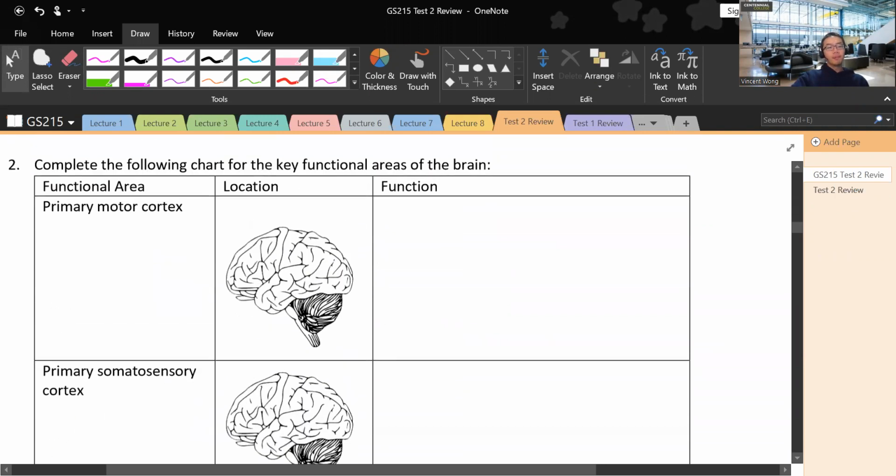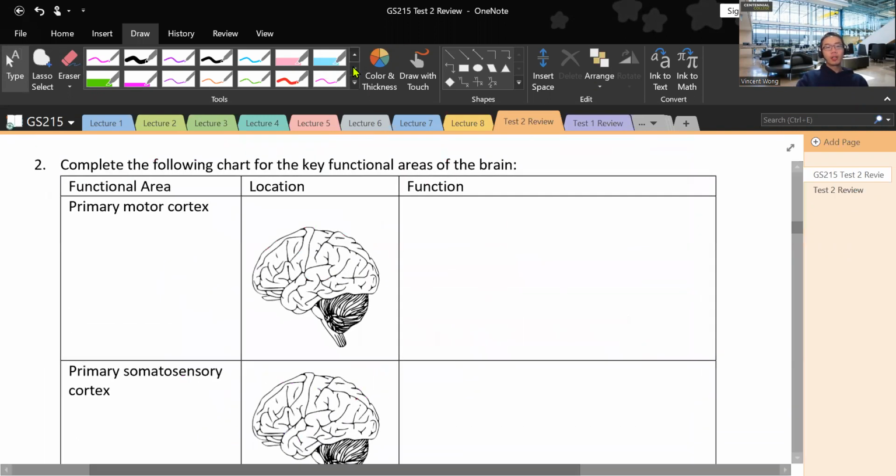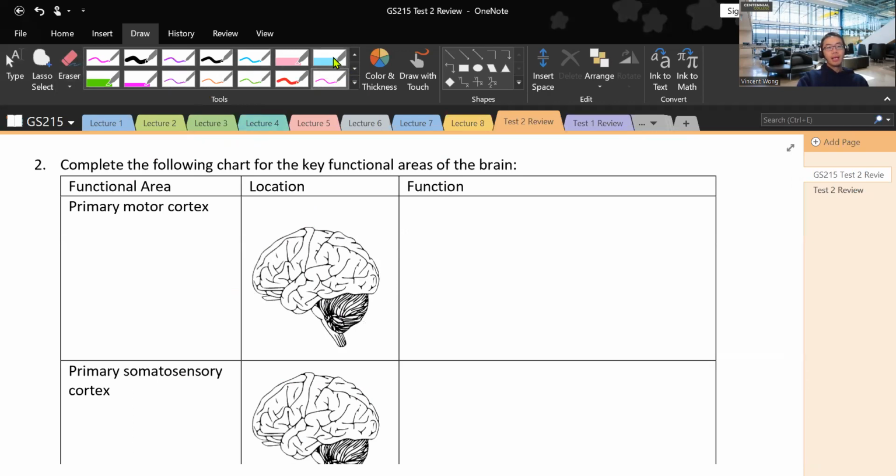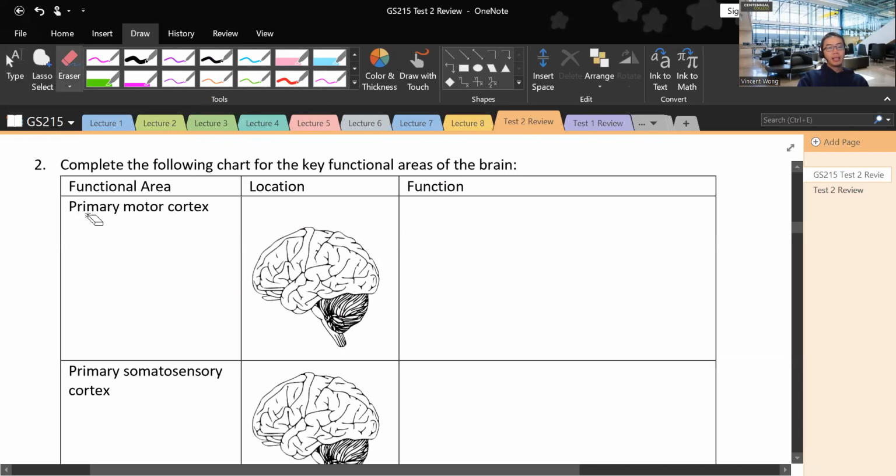Okay, moving on. Complete the following chart for the key functional areas of the brain. So there is a brain here, and we have to highlight the primary motor cortex.